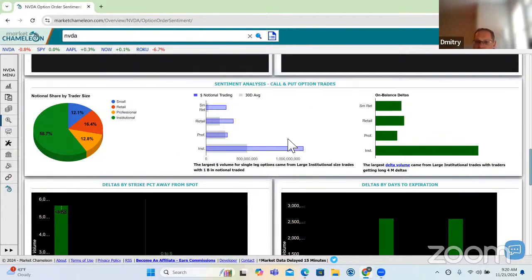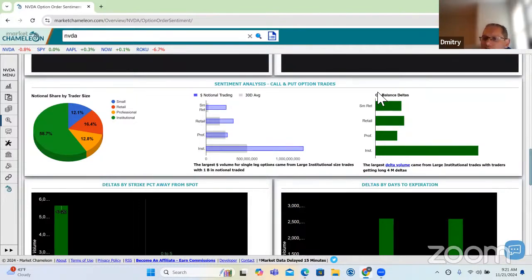Like you could see over here, institutional, where the gray bar stops there, right? Average $506 million worth of options traded versus yesterday's 1.1 billion. So that's just letting us know the significance of yesterday's trading relative to average daily. Okay. And this is in dollar terms.